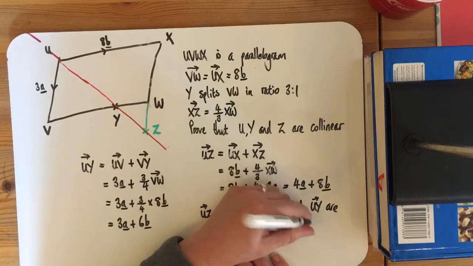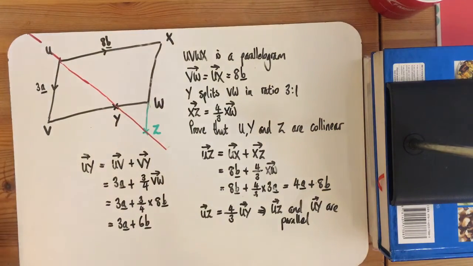So you show that they're scalar multiples of each other, and then they share a common point. So the point U lies on both vectors, and so therefore UY and UZ are parallel.